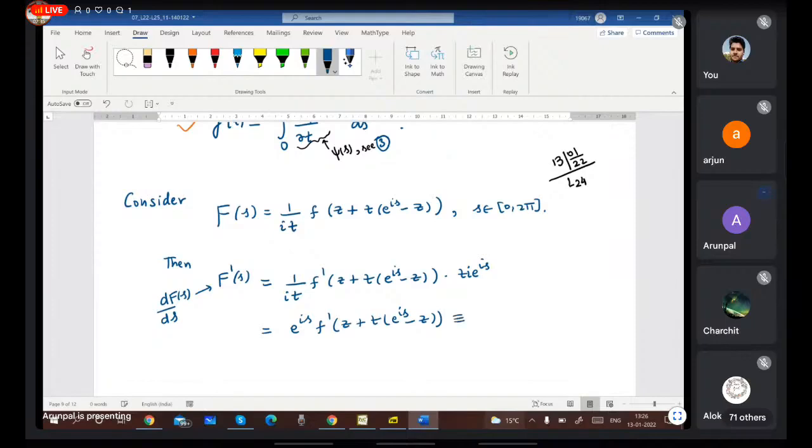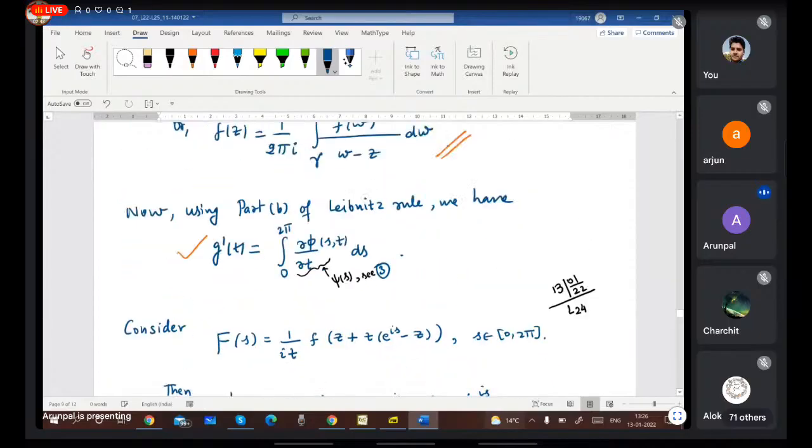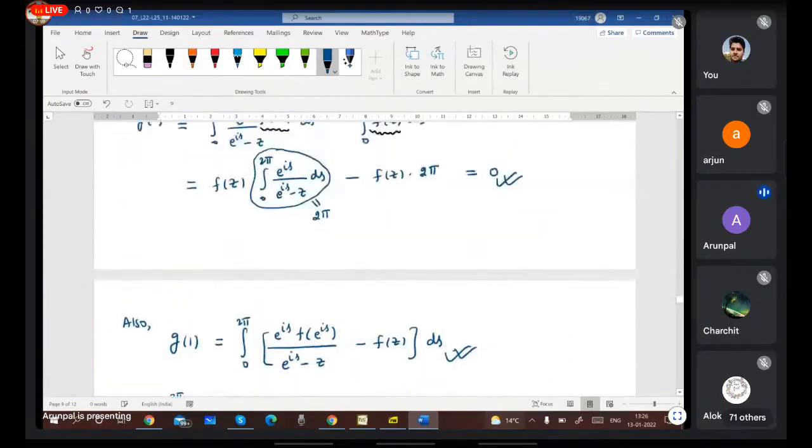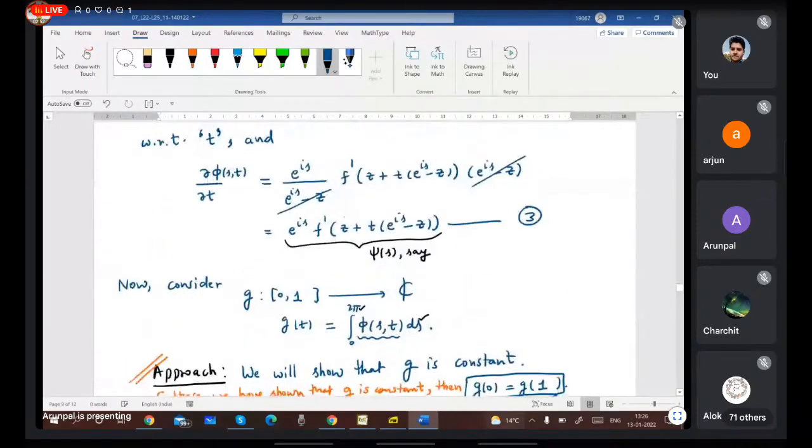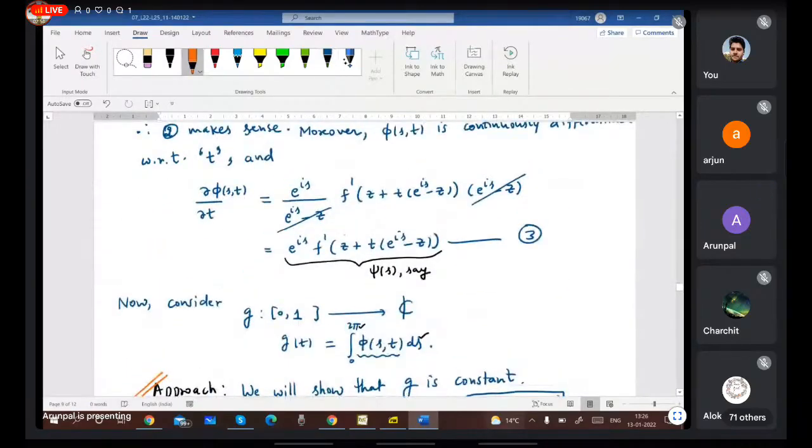And class, if you notice, this is nothing but what we have called psi s. This we did yesterday. Is this okay, class?